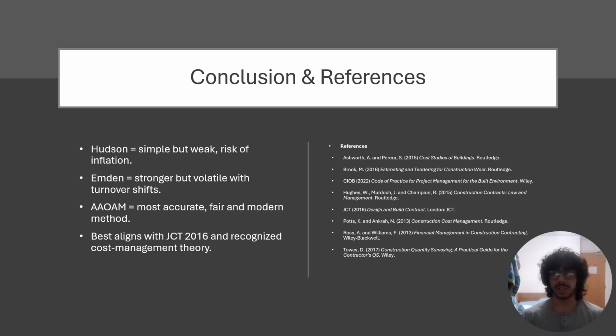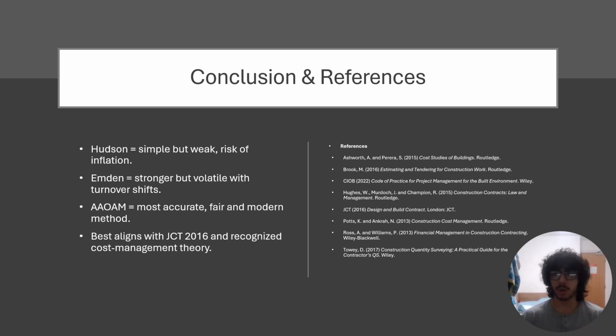In conclusion, Hudson and Emden provide useful insights but also have significant limitations. Hudson is simple but weak, often leading to inflated or unrealistic claims. Emden is more evidence-based, but its reliance on turnover data makes it unstable in fluctuating market conditions.